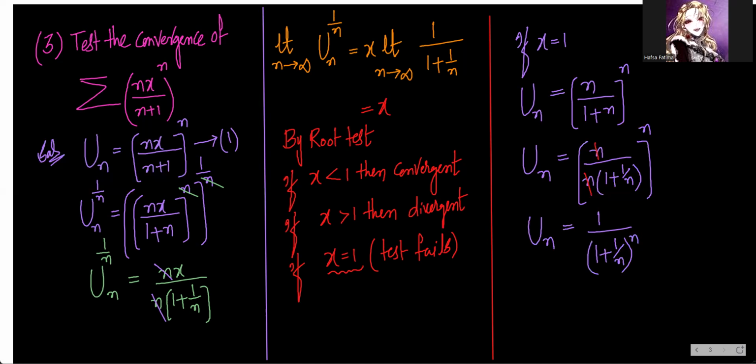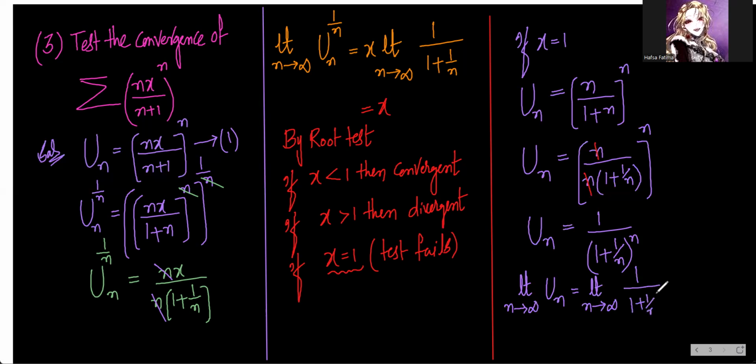Now taking limit. If you take the limit n tends to infinity, u_n is equal to, I told you in the third problem again, there is no problem, it is 1 by e. The limit goes to the numerator, we don't get any answer.